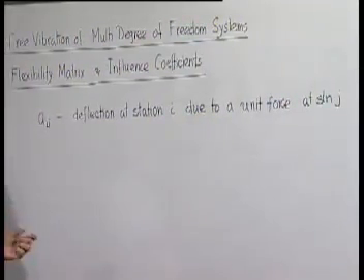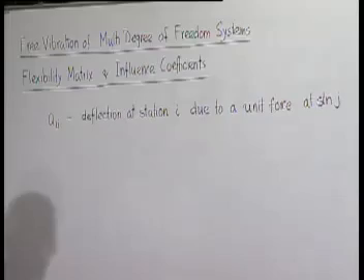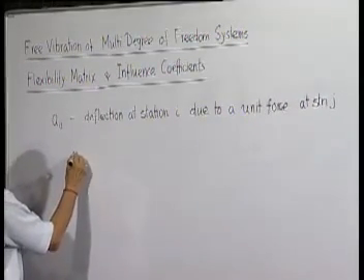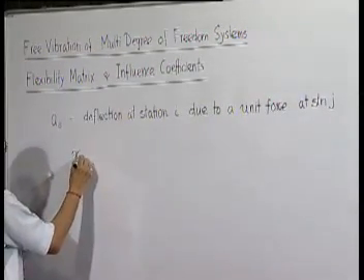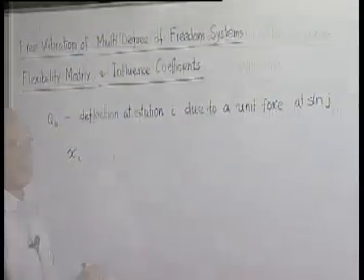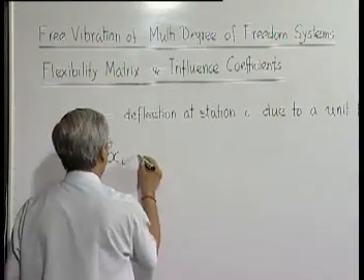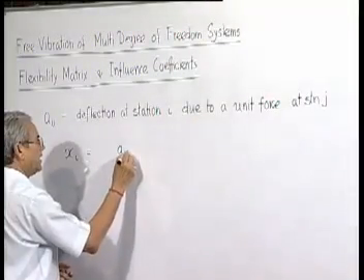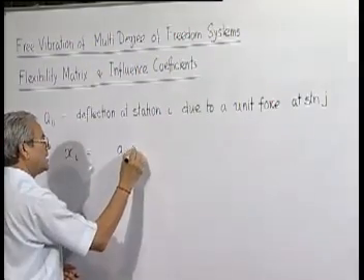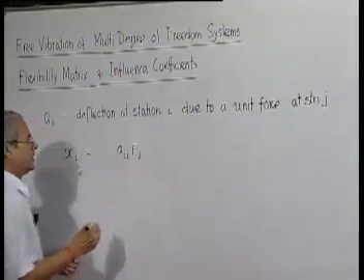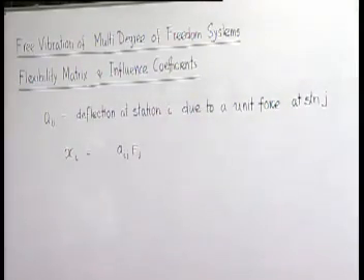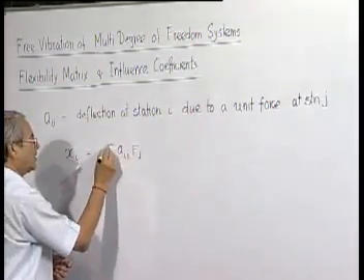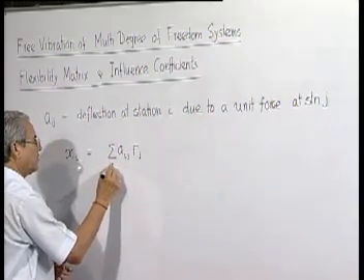So, for an n degree of freedom system, the displacement at any instant at the ith station will be Aij times the force acting at the jth station, summed over j equal to 1 to n.